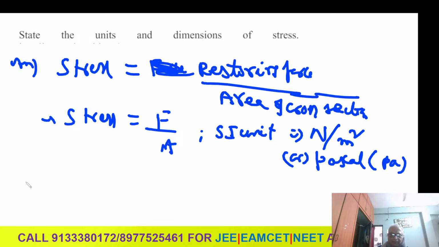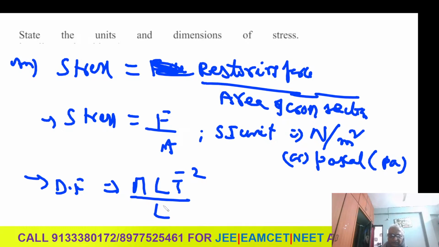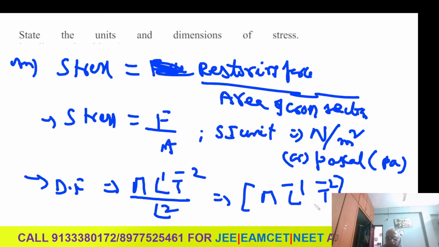Dimensions. The dimension formula of force, you have to remember: M L T to the power minus 2. Area means L square. Nothing written means the power is always 1 only, student.